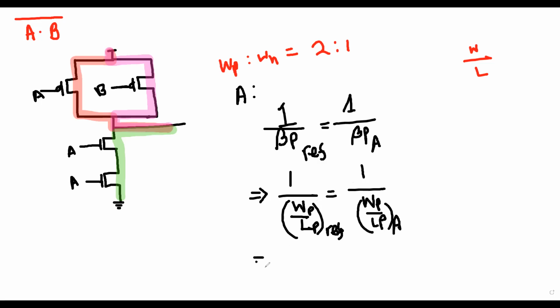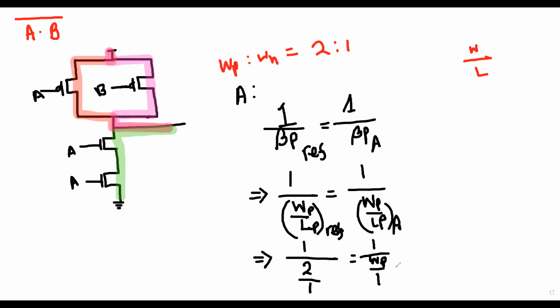Now, see, WP was 2 because in our reference it was 2:1, so 2, and L was 1. Here, L will also be 1 because we are keeping our L fixed throughout our circuit. Whatever circuit we are going to design, L will always be 1. And your WP we have to find out.